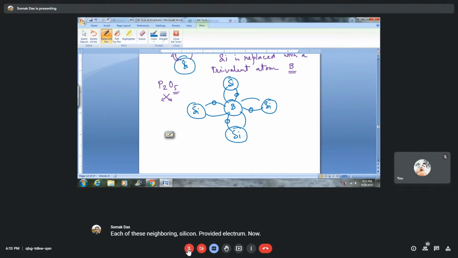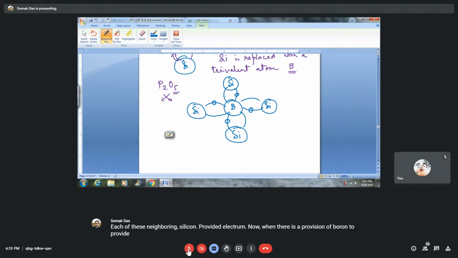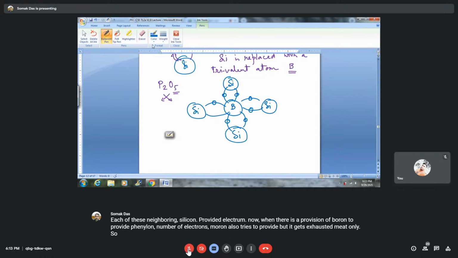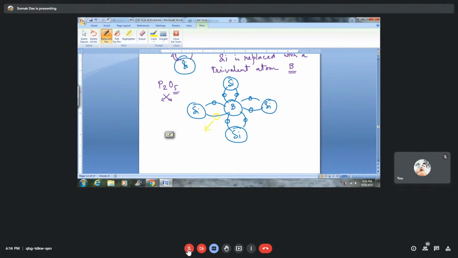Now, boron also tries to provide, but it gets exhausted with only 3 electrons. So here, this becomes vacant.